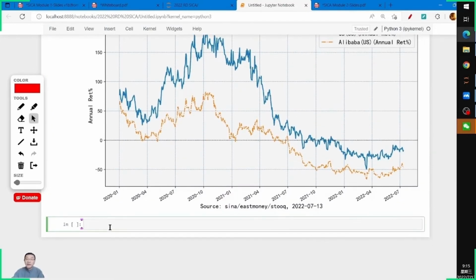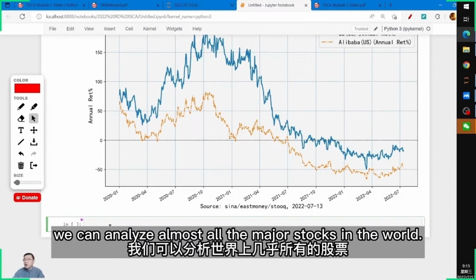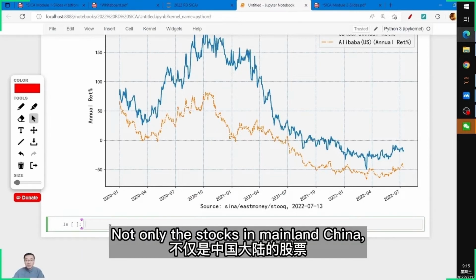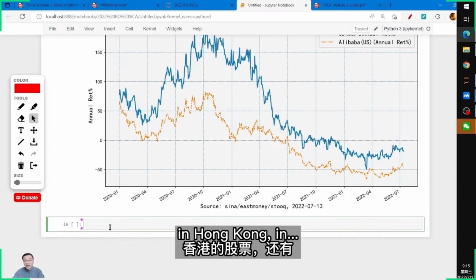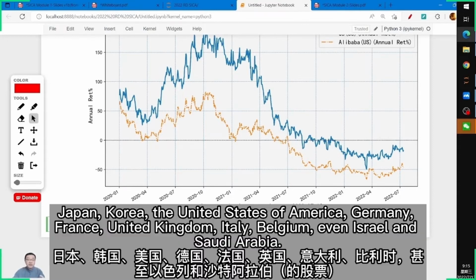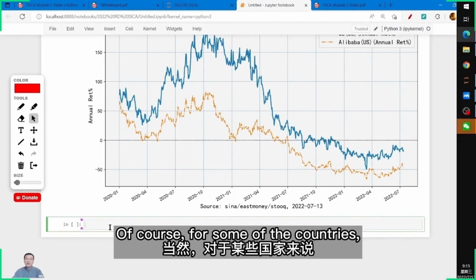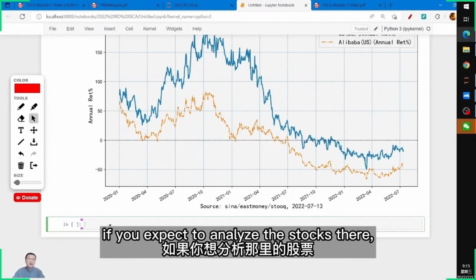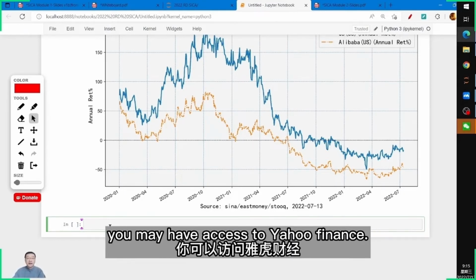In this way, we can analyze almost all the major stocks in the world, not only the stocks in mainland China, in Hong Kong, in Japan, Korea, the United States of America, Germany, France, the United Kingdom, Italy, Belgium, even Israel and Saudi Arabia. Of course, for some of the countries, if you expect to analyze the stocks there, you may need access to Yahoo Finance.